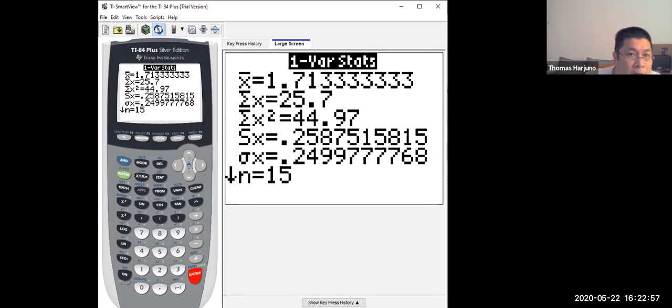When I plugged in the data earlier in L2, I didn't tell the calculator if it is a population or a sample. Because the calculator does not know, it gives you both the sample standard deviation and the population standard deviation. But our calculator will not give us mu, because the computation of the population mean is the same as the computation of the sample mean.